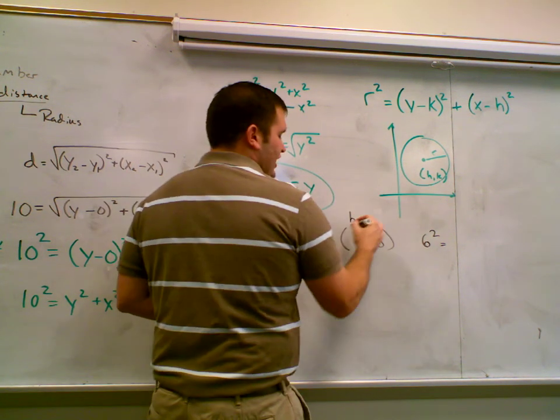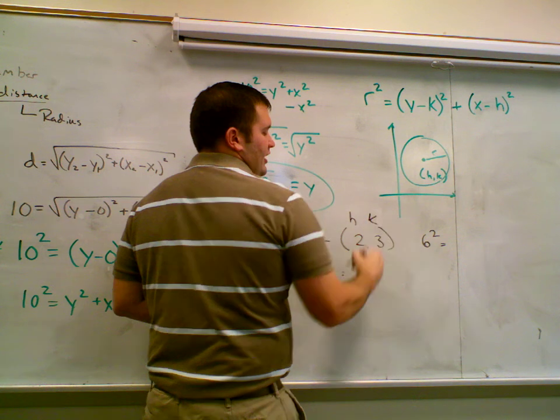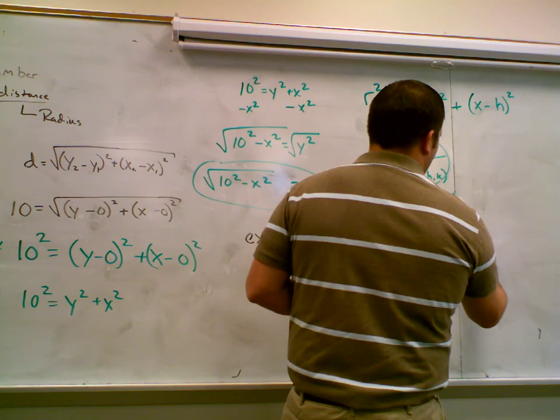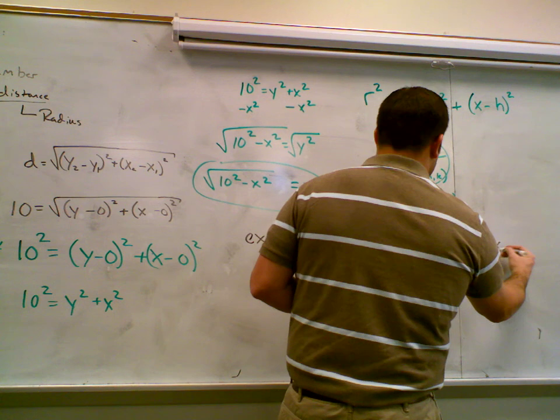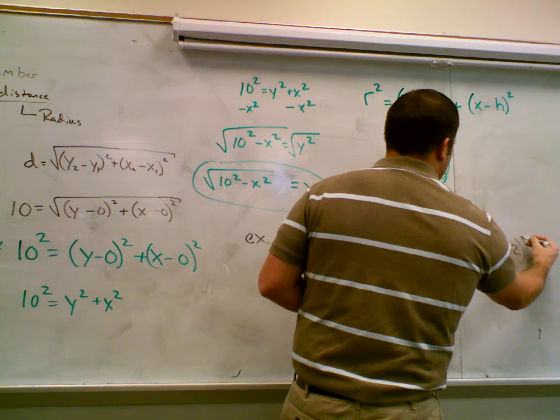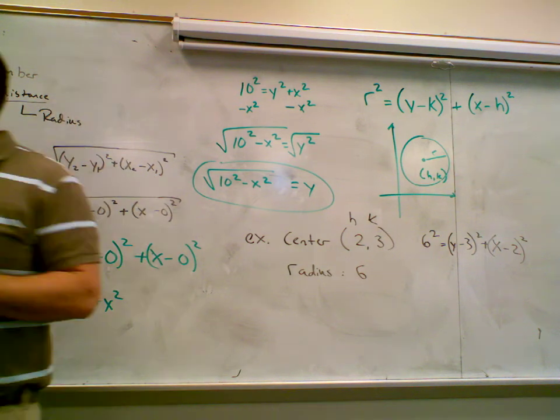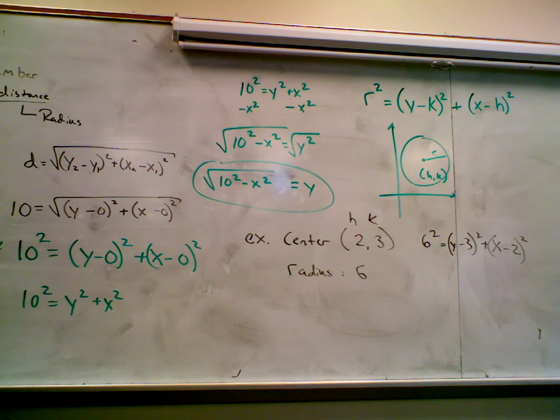So 2 is the H, 3 is the K. So 6 squared equals Y minus 3 squared plus X minus 2 squared. And I know you're saying, why are there minus signs? 2 and 3 are positive. It's because this equation comes from what? Comes from the distance formula, right? Okay. Any questions?